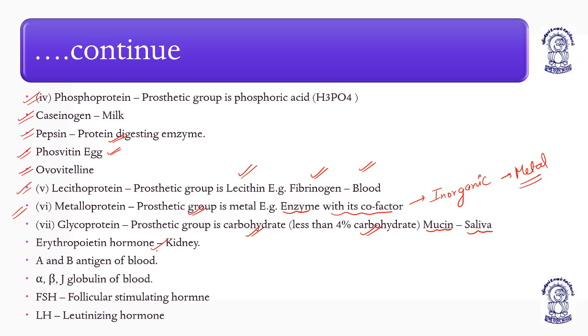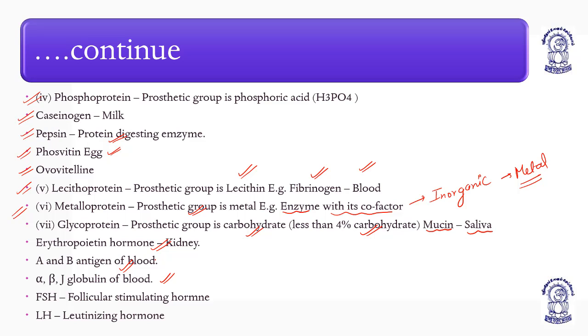Erythropoietin hormone, released by the kidney, is an example of glycoprotein. A and B antigen of blood is also a type of glycoprotein. Alpha, beta, and gamma globulin of blood are also glycoproteins. FSH, follicle stimulating hormone, is also a glycoprotein.